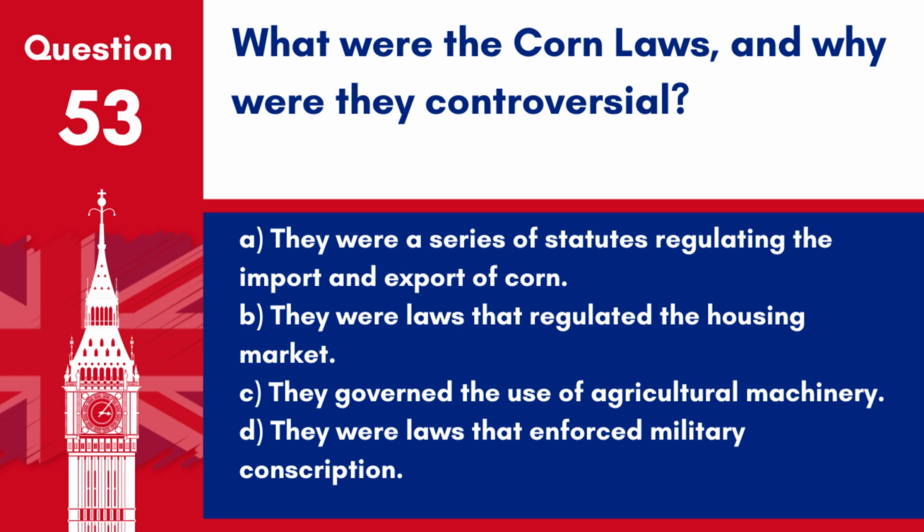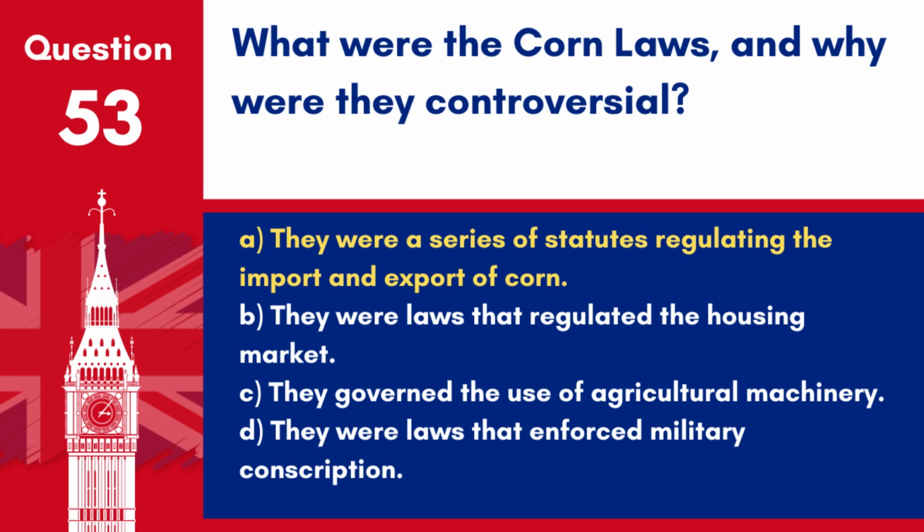Question 53. What were the Corn Laws, and why were they controversial? A. They were a series of statutes regulating the import and export of corn. B. They were laws that regulated the housing market. C. They governed the use of agricultural machinery. D. They were laws that enforced military conscription.